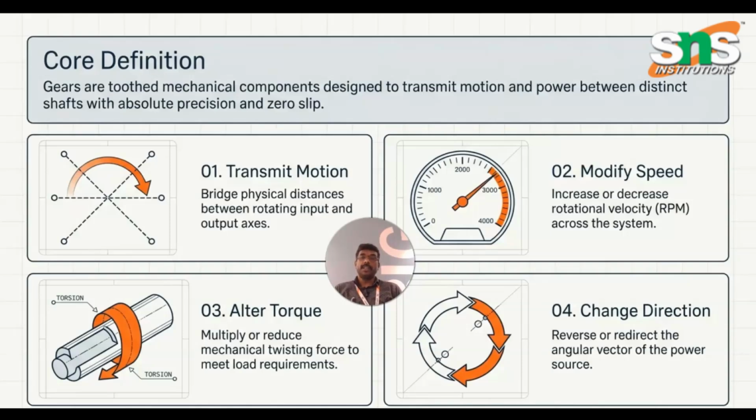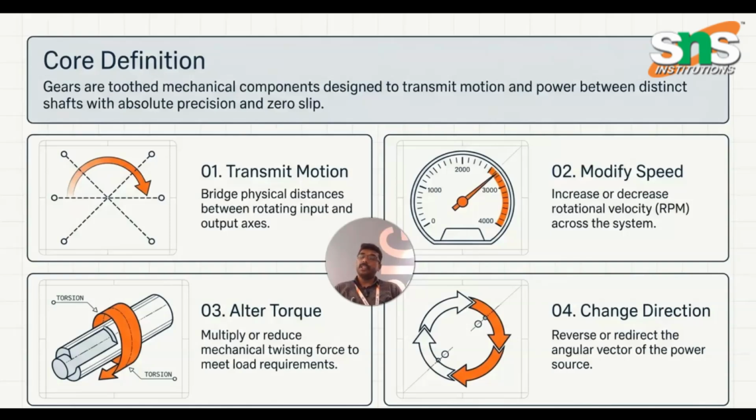So when the components are transmitting the motion and power, those components can be called as the mechanical components. And these gears are called as the toothed mechanical components because the teeth-like structures are cut over its periphery, over its outer geometry.